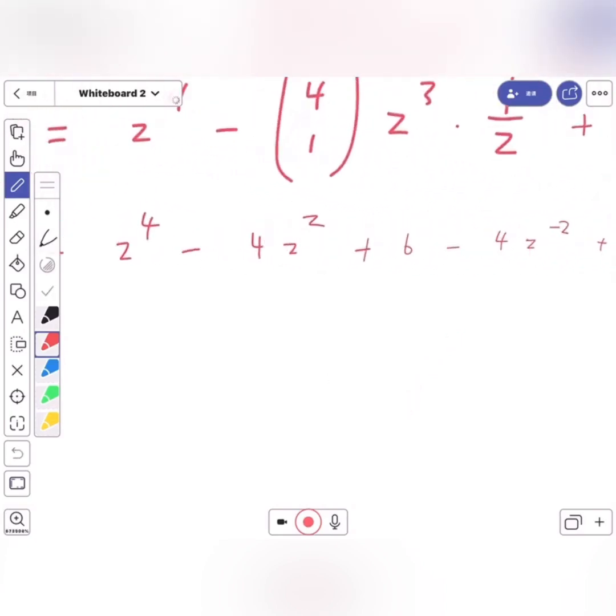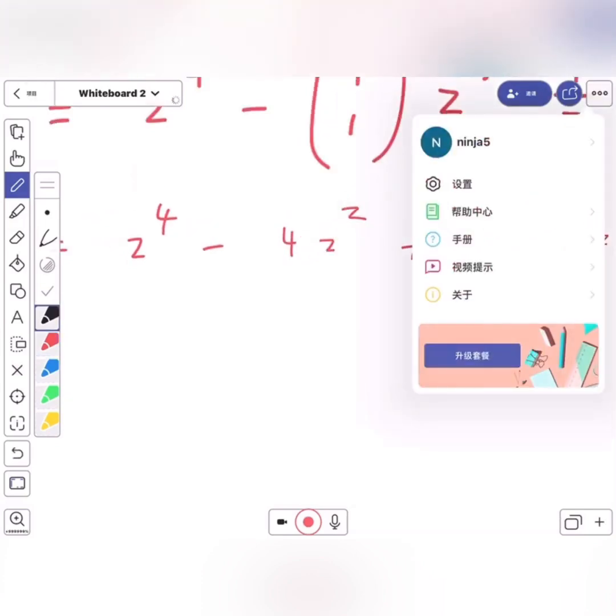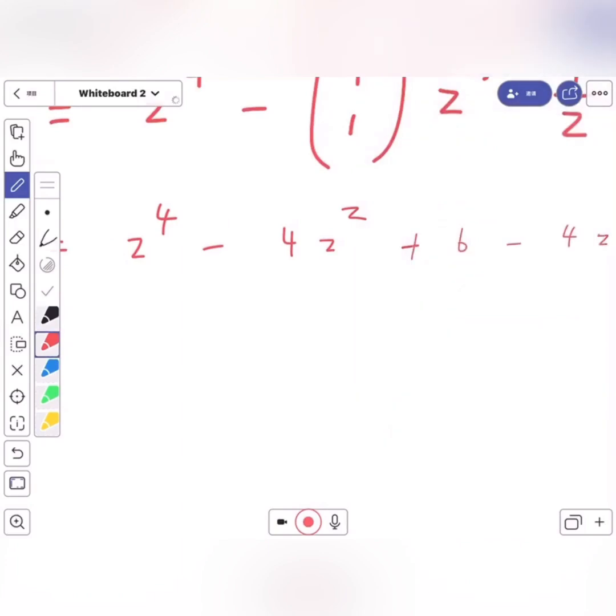Now, you might realize something about all of these powers: 4, 2, 0, negative 2, 4.